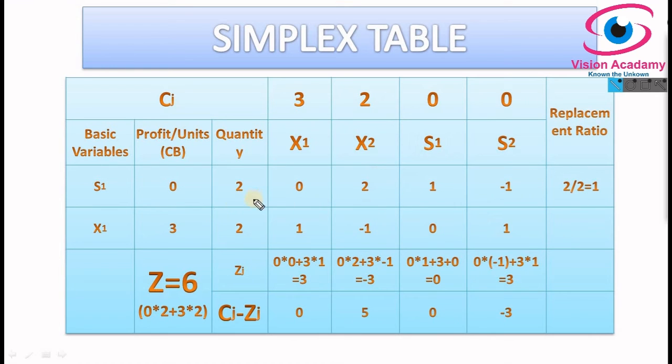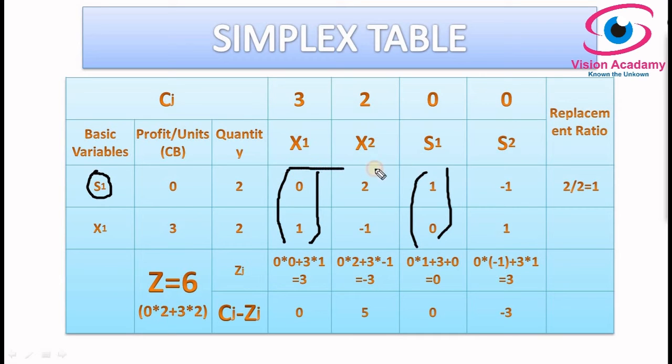Very importantly, observe that basic variables are in the identity matrix, that is S1 is 1 0 and X1 is 0 1. These must be an identity matrix. Now we have to form the identity matrix for X1 and X2, because X2 is going to be the incoming variable in the next iteration.